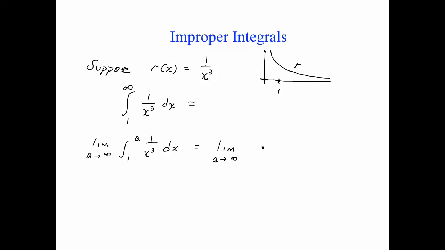It is negative x to the negative 2, but we also need 1/2, so negative 1/2 x to the minus 2. Is that the right antiderivative? Okay, and then I'm going to evaluate that from 1 to a.